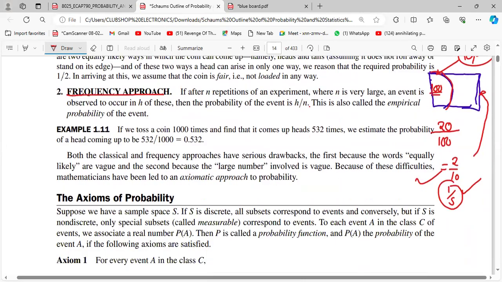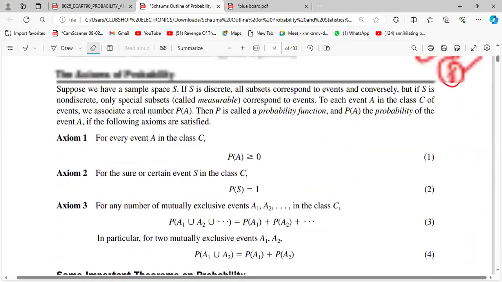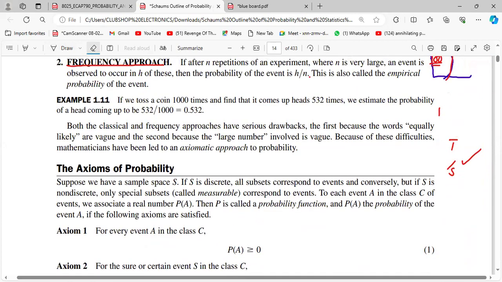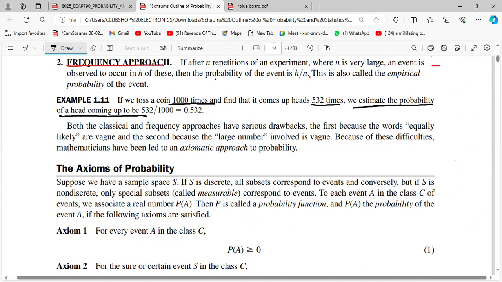Look at an example. If we toss a coin 1,000 times and find that it comes up heads 532 times, we estimate the probability of a head coming up as the number of times the head has come up, 532, divided by the total number of times we tossed the coin, which is 1,000.